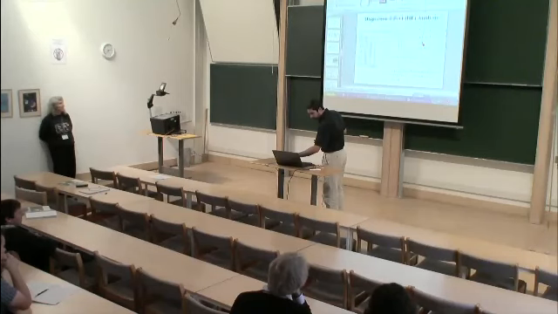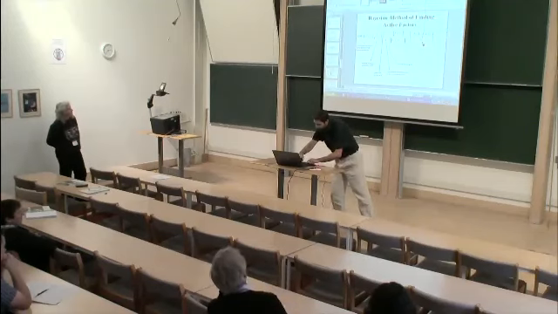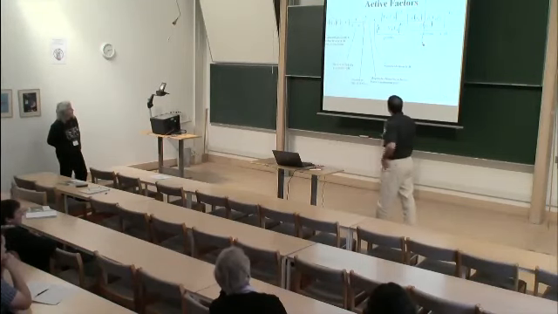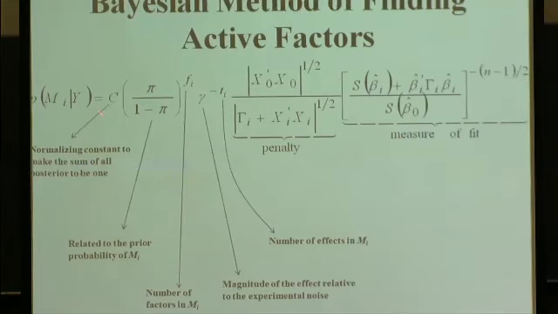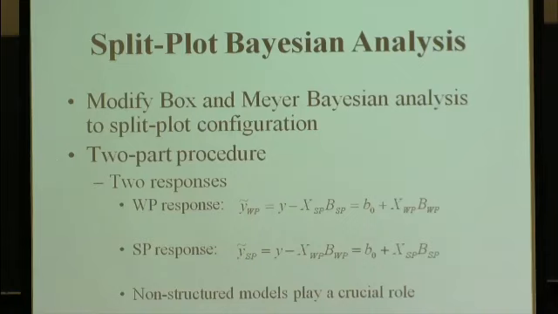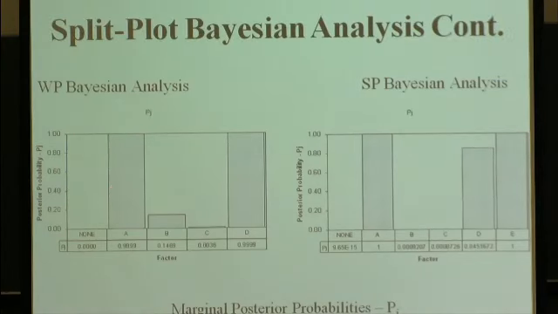I didn't make this comment here. This normalized constant, C, here is the sum of all posterior probabilities where that particular factor appears, in terms of main factor or interaction. That's how I can build this graphic here.